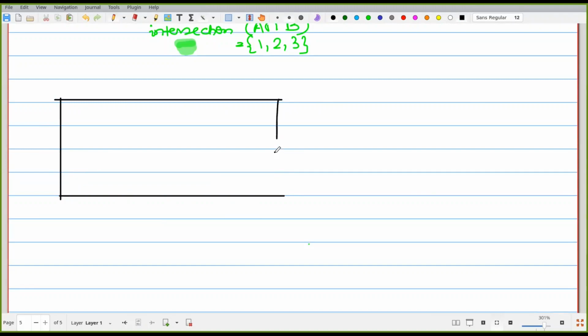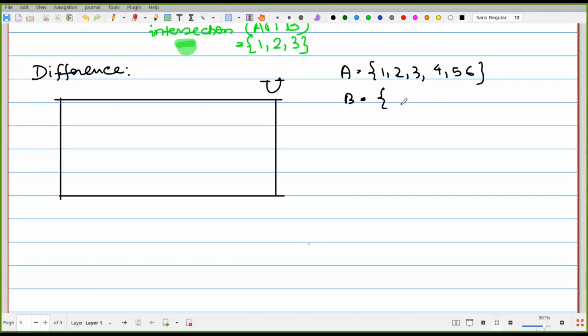Another rectangle that is representing our universal set. So we are proceeding with the difference, just writing A 1, 2, 3, 4, 5, 6, B 1, 2, 3, 7, 8, 9.